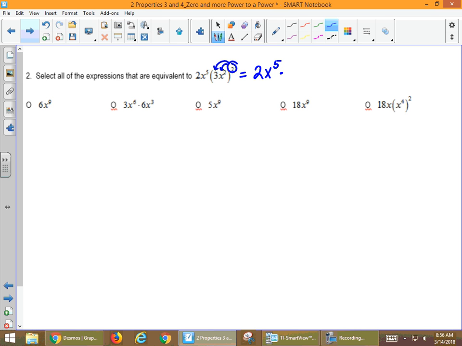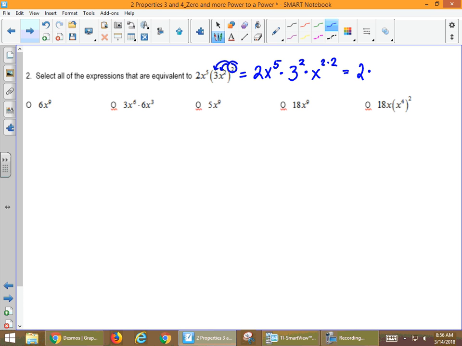So when I bring the 2 in, it's going to be 3 squared, and then x to the 2 times 2. And then I'm going to reorder. Well, actually, let's clean this up.